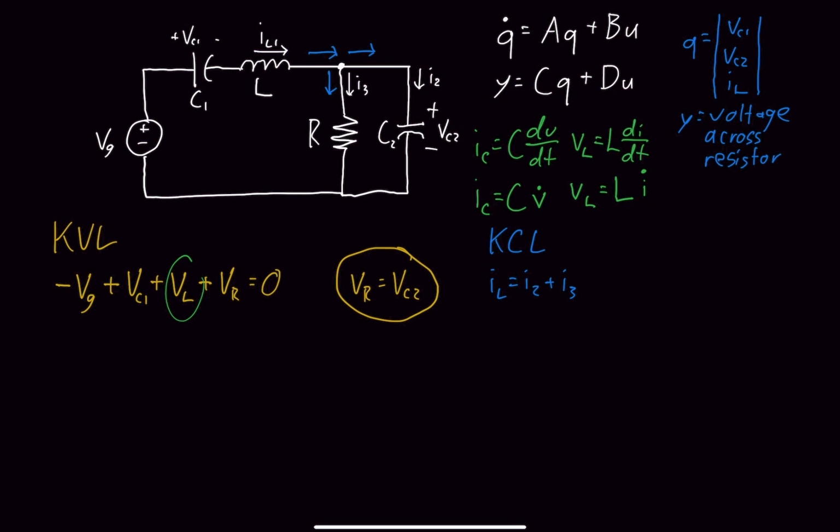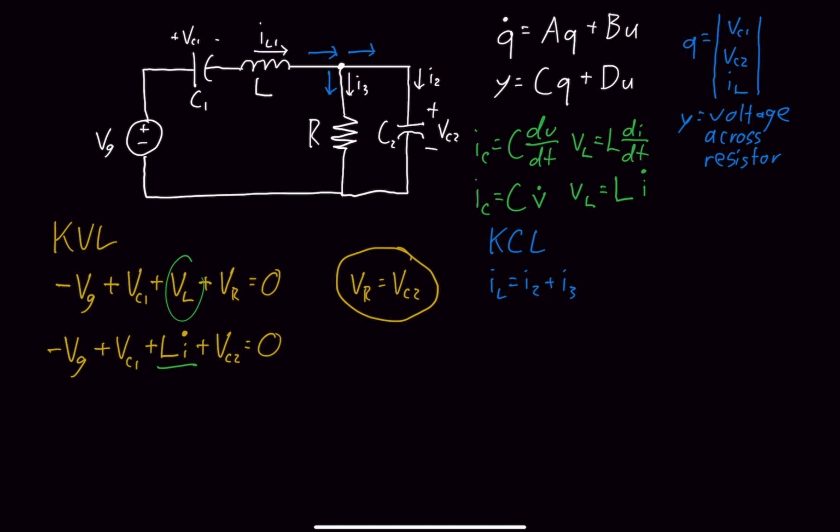So let me rewrite this as negative VG plus VC1 plus L I dot. And then we know that VR is VC2, so VC2 is 0. So cool, we found one that we wanted.